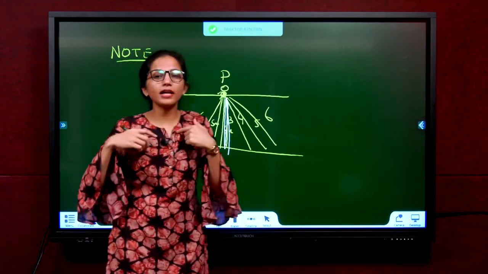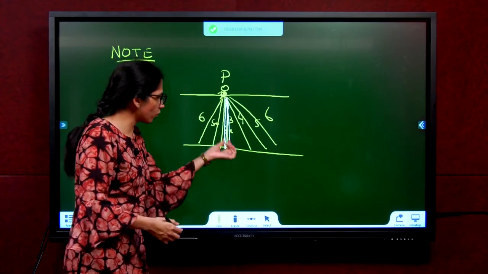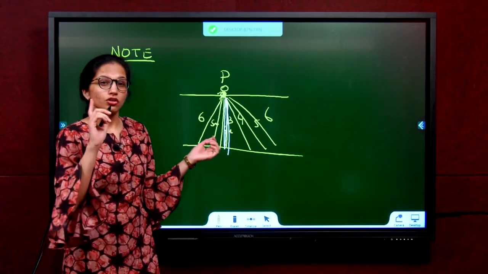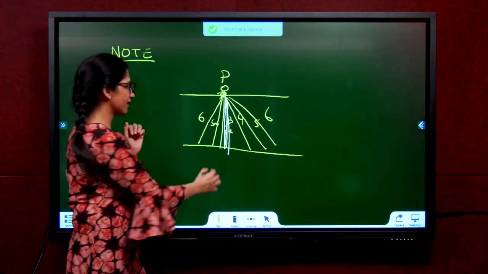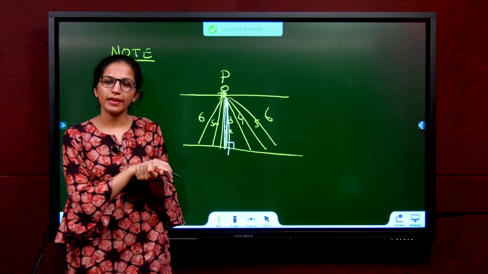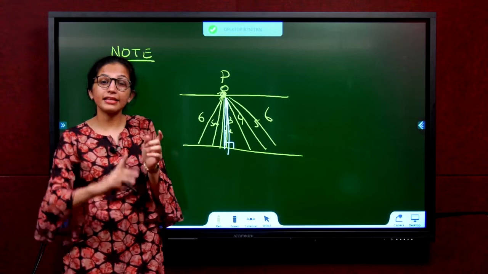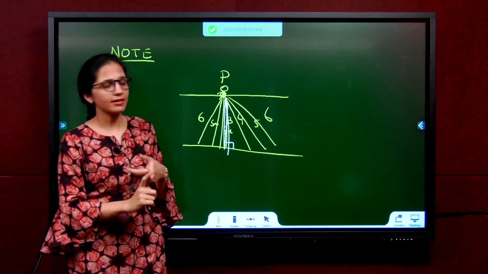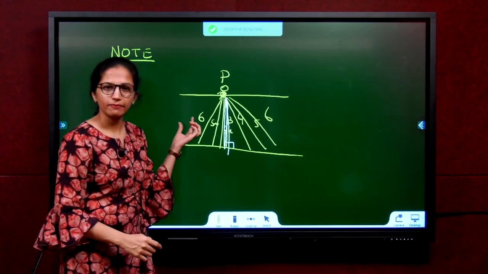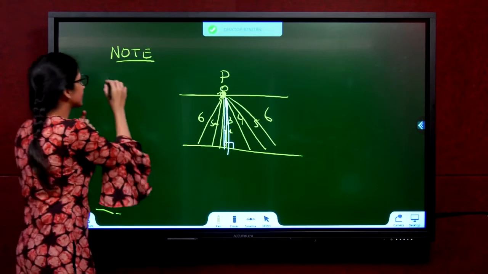If you and I both have to cross the road with the shortest distance, we will both take this path. Shortest distance itself is the perpendicular distance. From a given point to a line, there is only one shortest distance. Can you have anywhere else where it is 3? No. So shortest distance is unique.